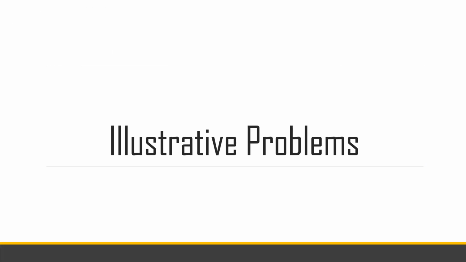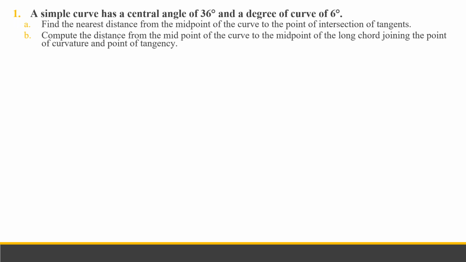Okay, so we'll be solving some examples para mas maintindihan natin yung discussion natin. Okay, so problem number 1. A simple curve has a central angle of 36 degrees and degree of curve of 6 degrees. So A, find the nearest distance from the midpoint of the curve to the point of intersection.